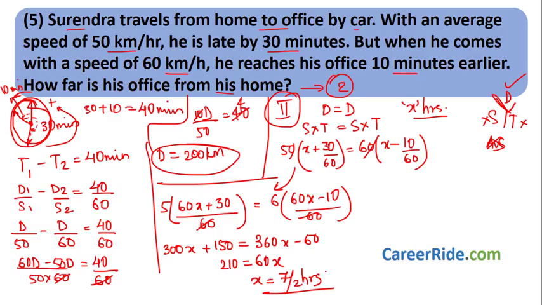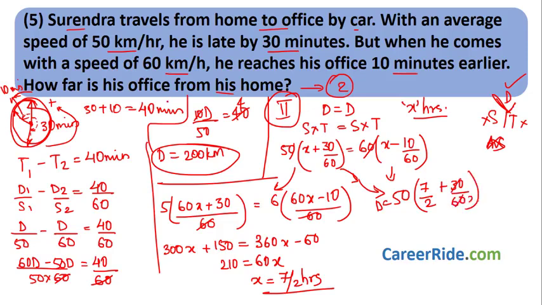Now let us put it into any one of these equations to get the distance. Let us put it into this one. Distance D is nothing but speed 50 into time taken, 7 by 2 hours plus 30 upon 60.